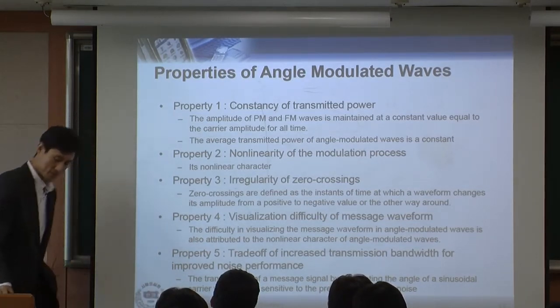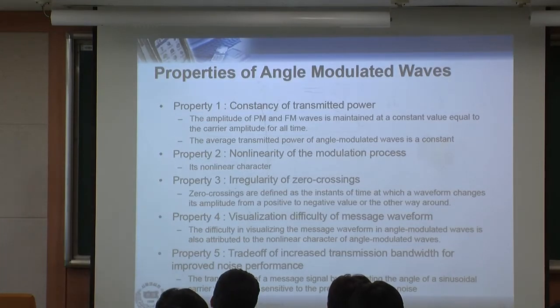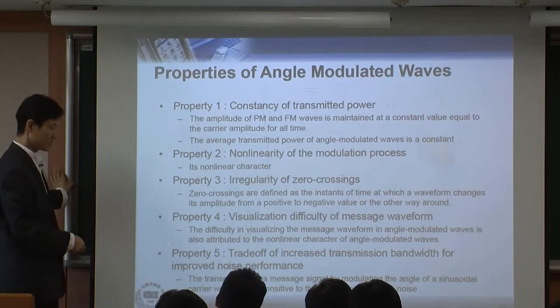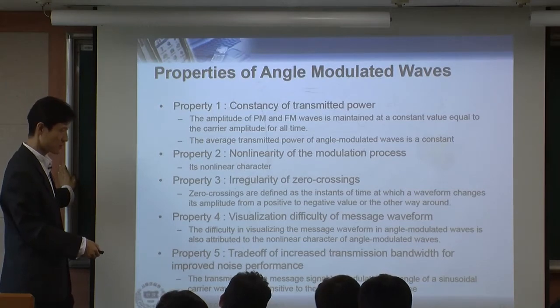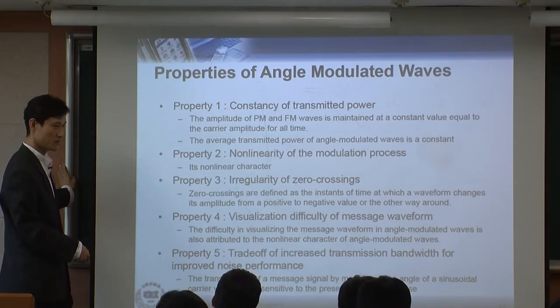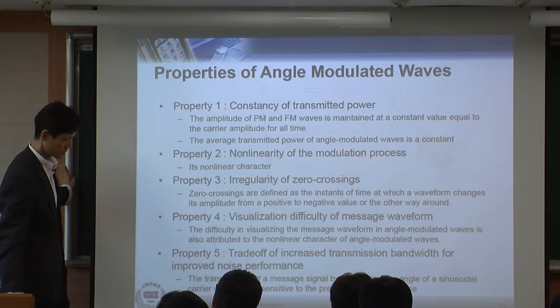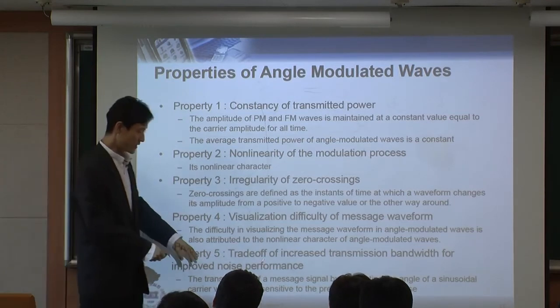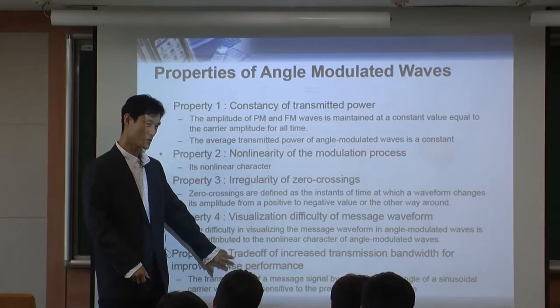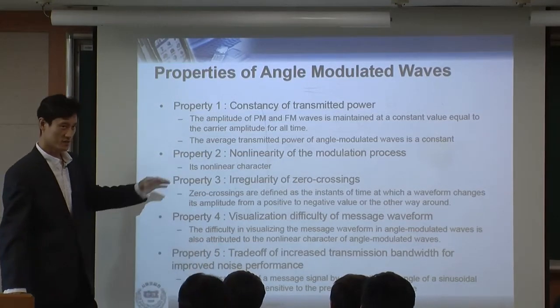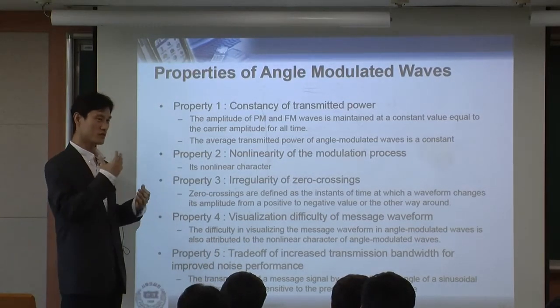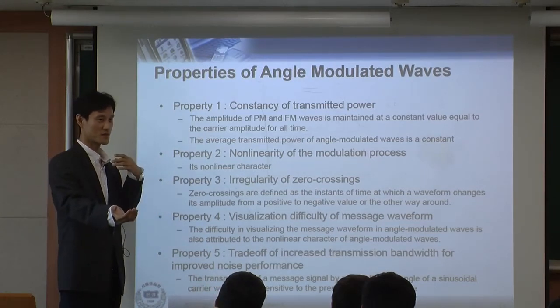Number 5, much later, maybe next week, we're going to look at some of these things. But property 5 is a trade-off: increase the transmission bandwidth for the improvement of noise performance. What does trade-off mean? In general, trade-off means you're going to lose something, and you're going to get something else.